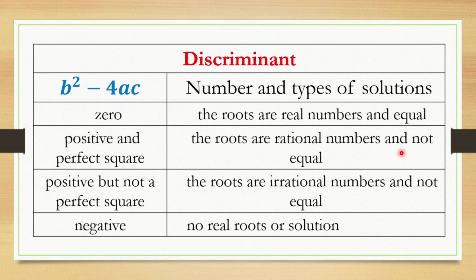Now, if the result is positive but not a perfect square, the nature of the roots in the quadratic formula are irrational numbers and not equal. But if the result is negative, the nature of the roots for the quadratic formula has no real roots or solution.